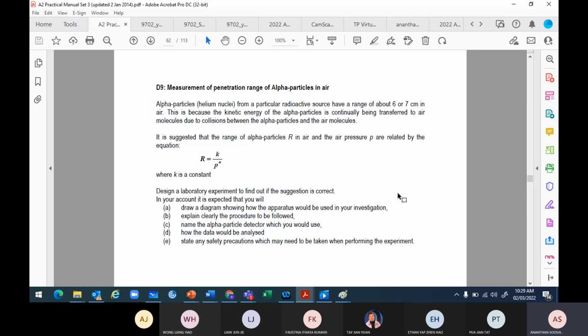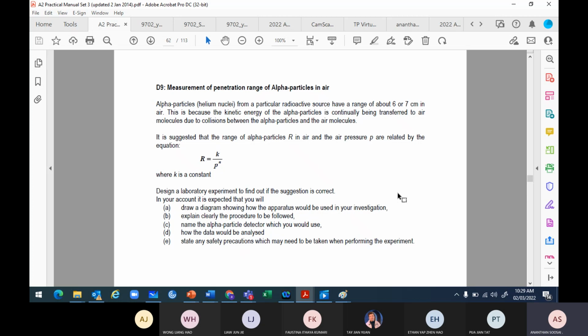So how is the setup going to look? How are you going to vary the pressure? What instrument do you use to vary the pressure? How are you going to measure the radioactivity? What instrument do you use to measure the radioactivity? How do you change the pressure of a container?